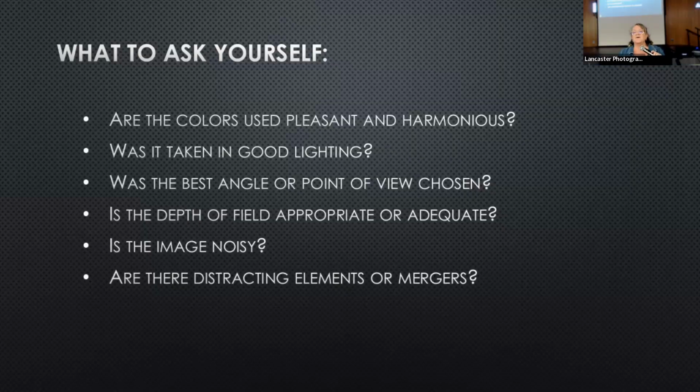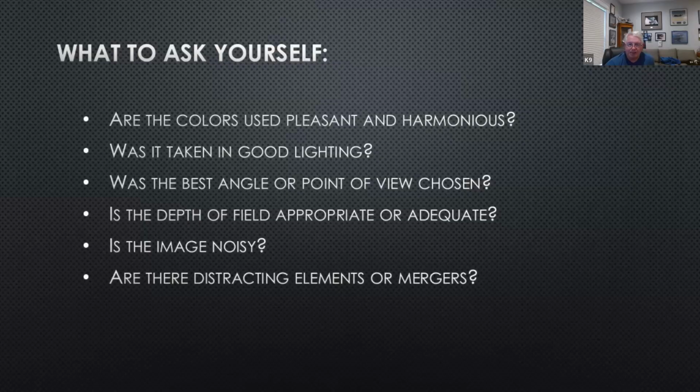I will. Okay, so a merger is, let's say you have a bird walking across and there's another bird that walks behind it. It's where two objects cross each other. If you can avoid a merger, it creates a stronger image where there's no overlapping of the subject and another subject, because it creates cleaner lines.